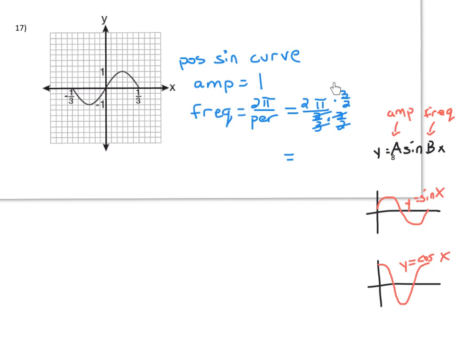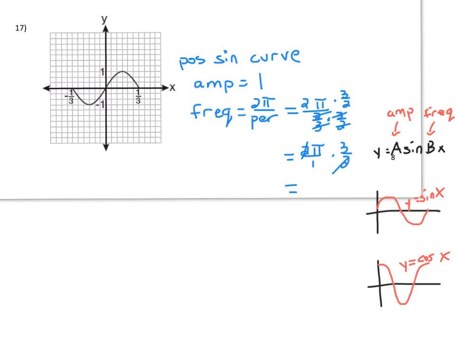I'm going to rewrite that down here. So the numerator says 2 pi times 3/2. So let me just put that 2 pi over 1. All right, now let's see what happens here. We have a 2 in the numerator and a 2 in the denominator. So these 2's are going to cancel.